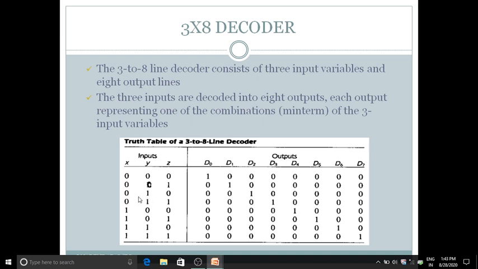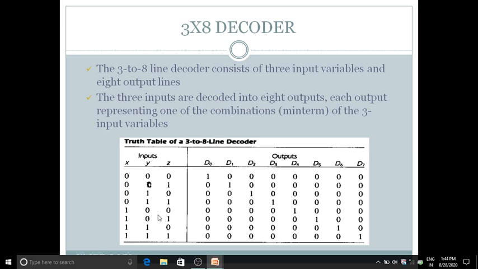Similarly, when 0, 1, 0 is the code applied at the input, then the D2 output line is made high. When 0, 1, 1 is the code applied at the input, then the D3 line will be made high.